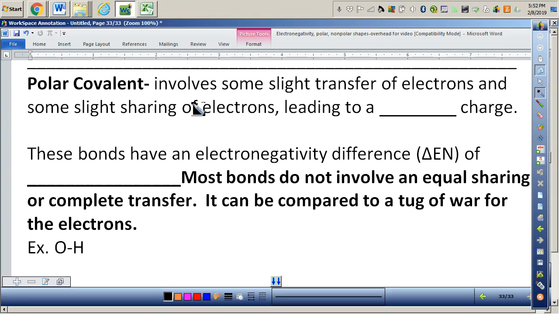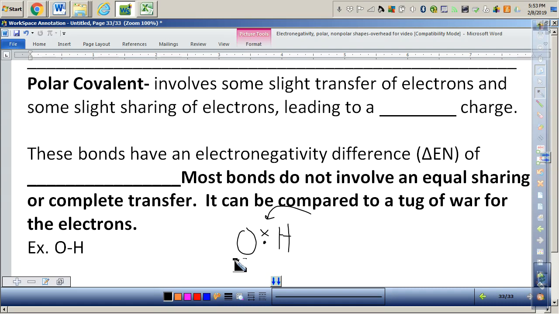Okay, the second type of bond is a polar covalent bond. And instead of a transfer of electrons to give us those full charges, we have a slight transfer of electrons. There's actually a transfer of electrons and a sharing of electrons occurring. So it's kind of like a tug of war. If you have, for instance, oxygen and hydrogen, and they're sharing a pair of electrons between them, one of these atoms will be pulling on the electrons more.